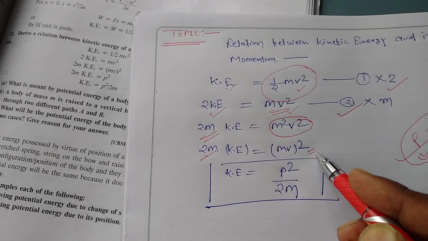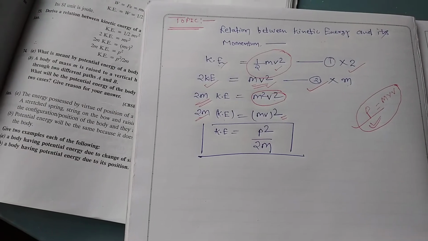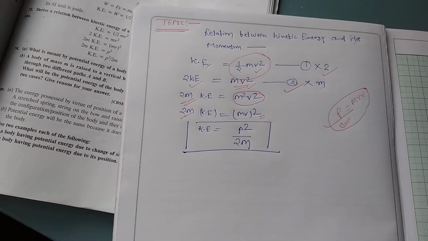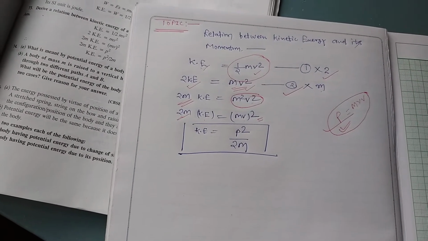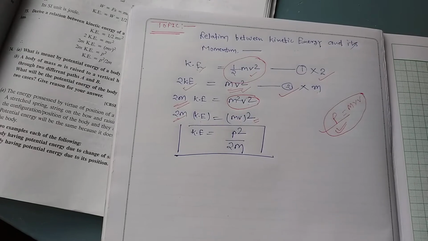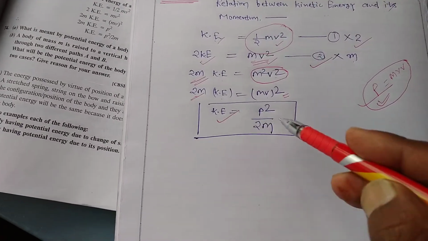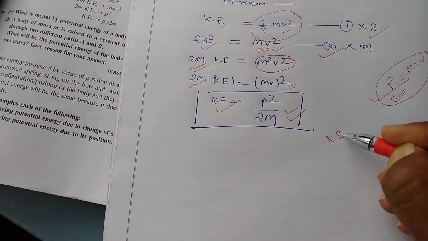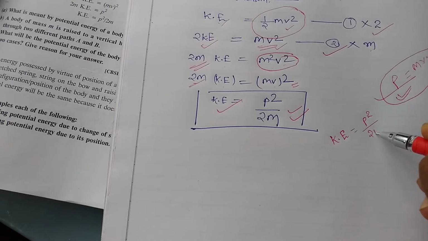In place of (m v) whole square, we can write p, since we denote momentum by p. Now we get kinetic energy is equal to p square upon 2m. In the case of any numericals, we can write kinetic energy is equal to p square upon 2m.